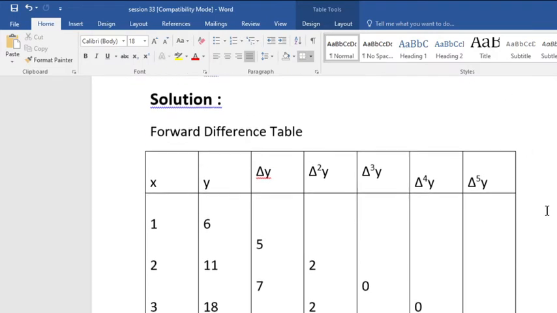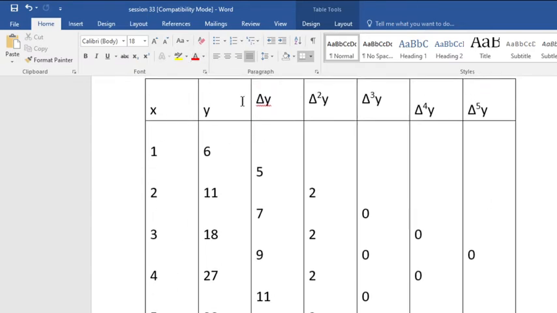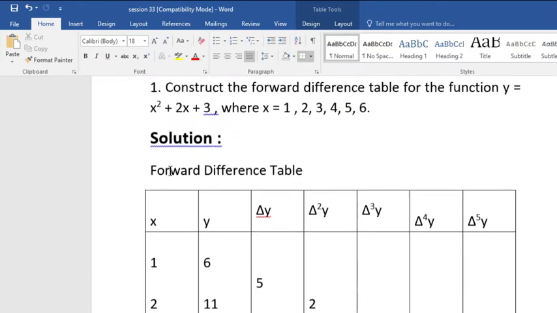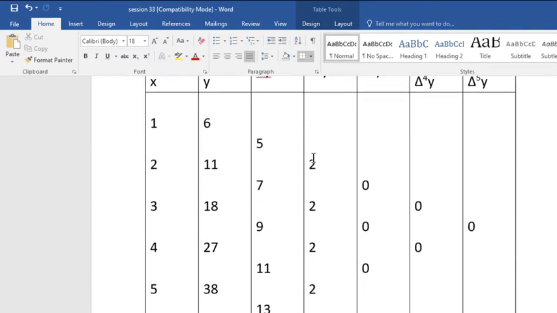In the first column we write the x values, and in the second column the corresponding y values. In the equation y is equal to x squared plus 2x plus 3, substitute x is equal to 1, 2, 3, 4, 5 and 6, and we get the corresponding y values.